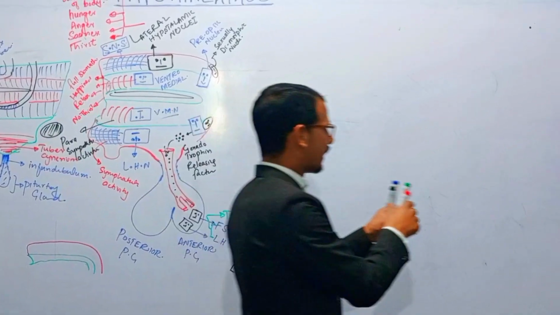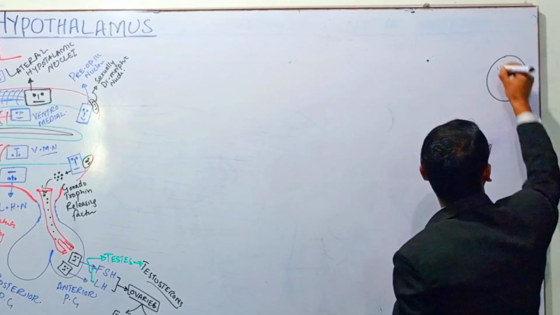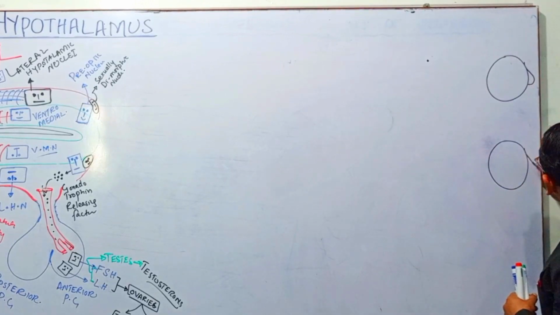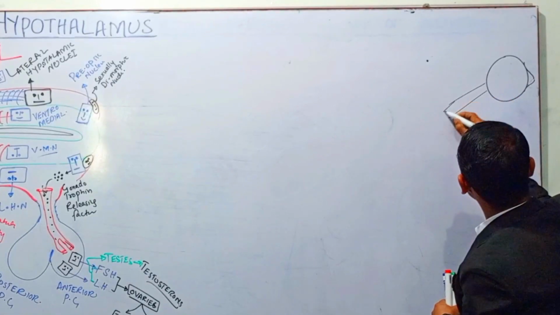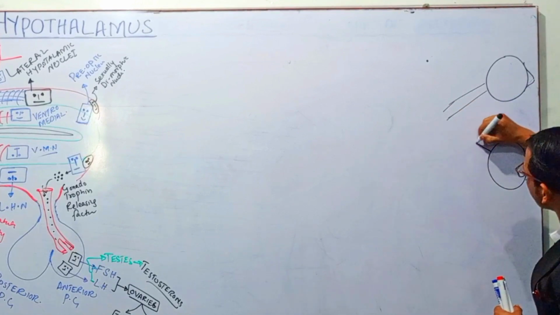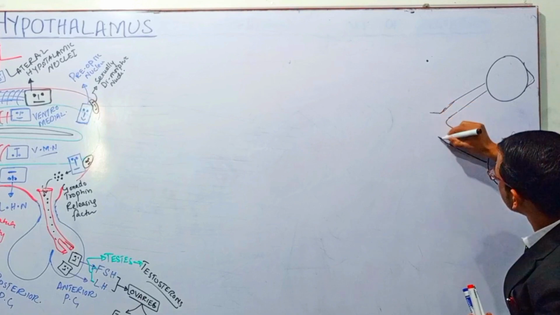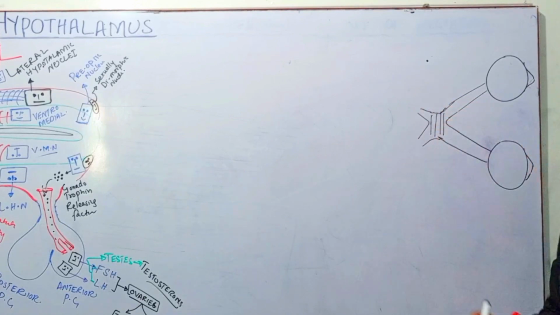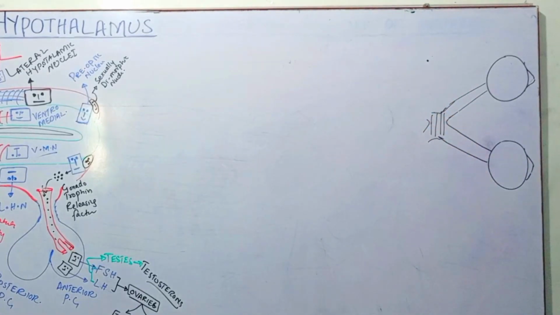So for example, I have two eyeballs here. These are two eyes. From this eye we have the optic nerve, and from here we have the optic nerve. This is the chiasma, and the hypothalamus is present just after this chiasma.